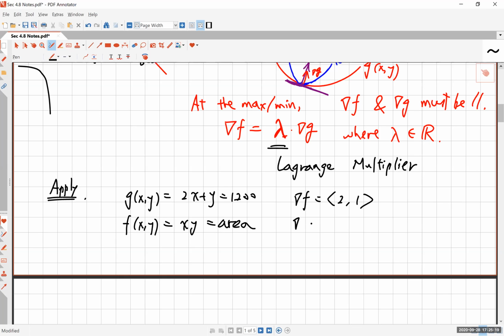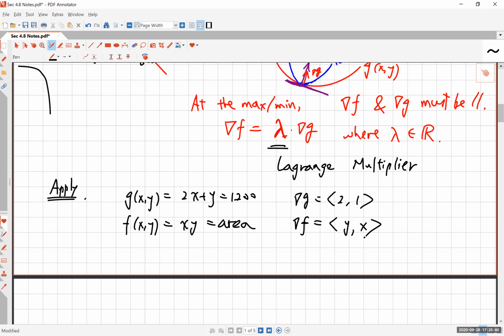The gradient of g is (2, 1), simple, no problem. I made a mistake, didn't I? This is g, and this is f. So the gradient of f, the partial of f with respect to x, is actually y, and the partial of f with respect to y is actually x.